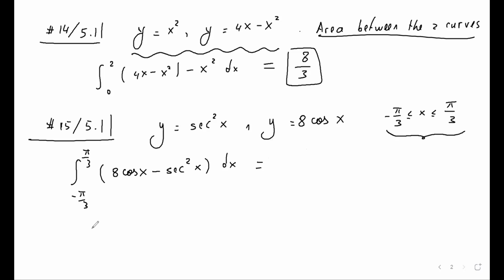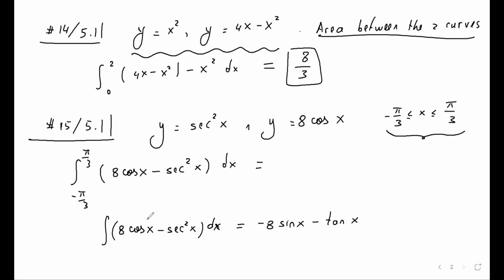So the antiderivative, so this is what we need, the antiderivative of 8 cosine x minus secant squared x dx is, for 8 cosine x, negative 8 sine x. For negative secant squared x, it is negative tangent x. So these are the antiderivatives, folks.